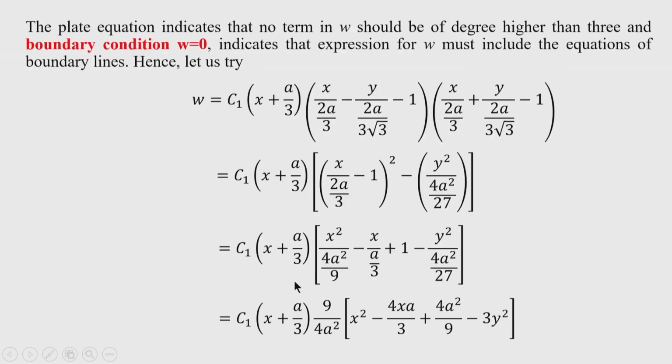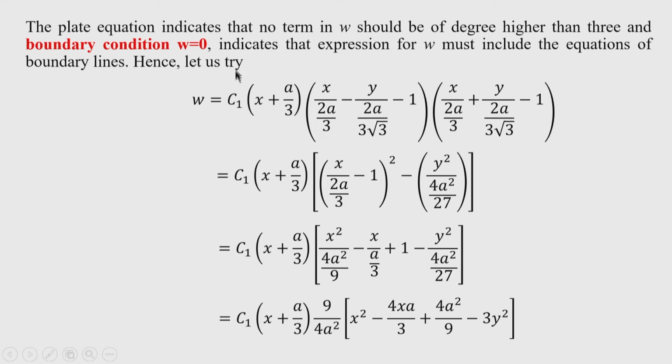So, let us see in the next slide. The plate equation indicates that no term in W should be of degree higher than 3, because it is a fourth order equation, and the boundary condition W equal to 0 indicates the expression for W must contain the equations of the boundary lines.